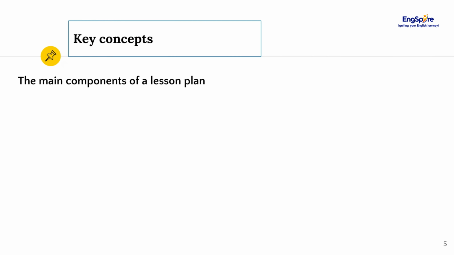Now, let's start looking at the key concepts of a lesson plan. When planning a lesson, first we need to think about what the lesson is for. This means identifying the lesson aims, as the aims describe what we want our learners to achieve by the end of the lesson, and they also help us decide the focus of the lesson and guide our choice of activities and materials.